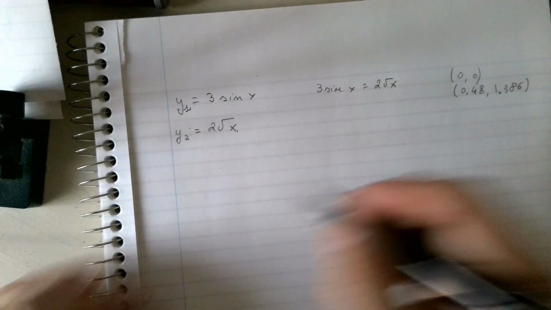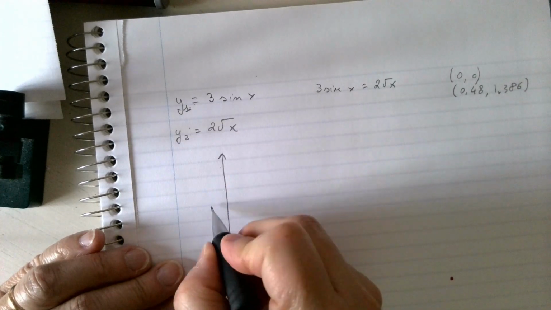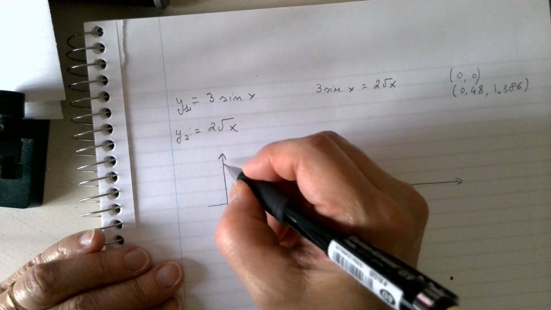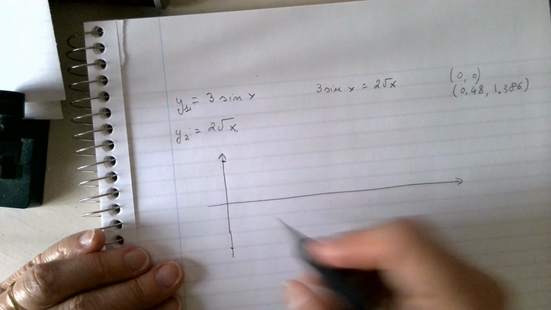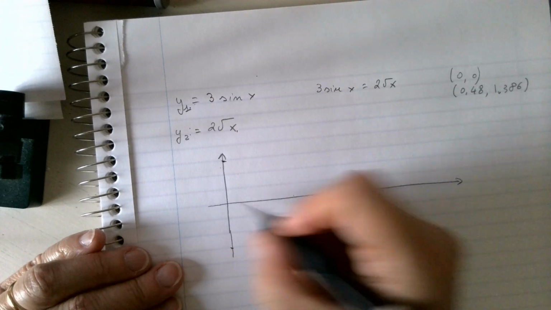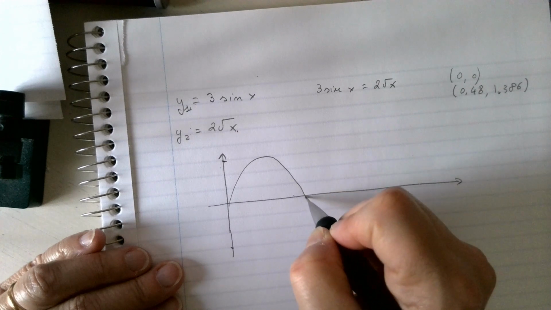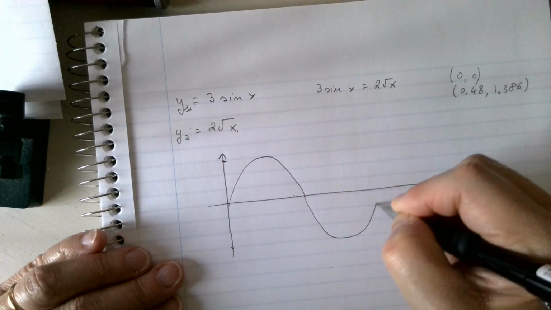So those are the two points, I should say. Now if you represent those two curves, you know perfectly well that if this is the point 3, this is negative 3, so your sine will go somehow like this, and then down, and then up again.